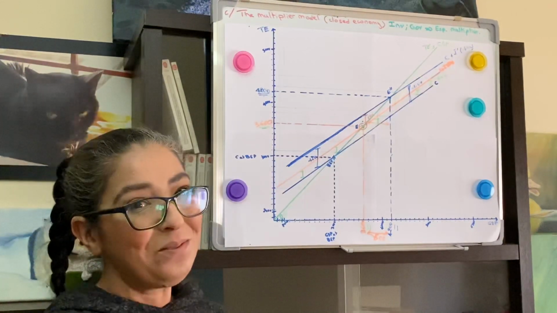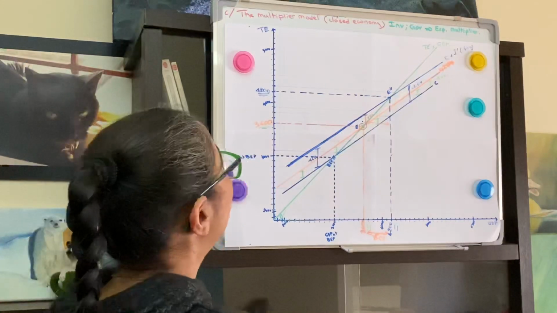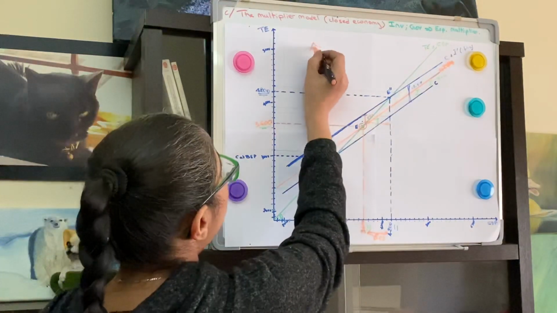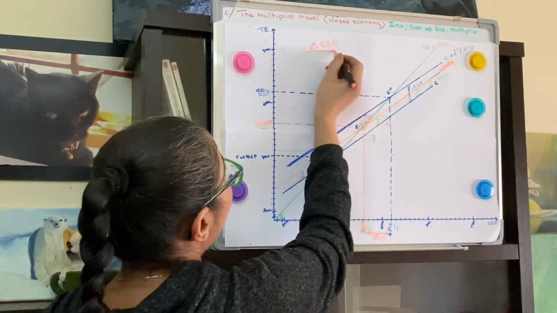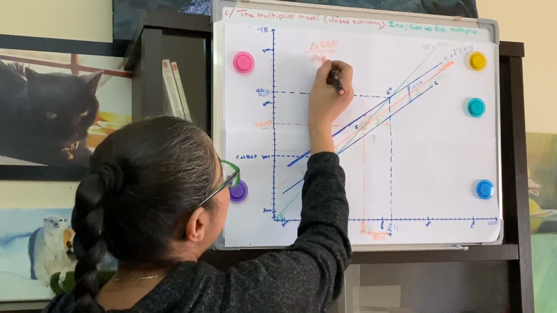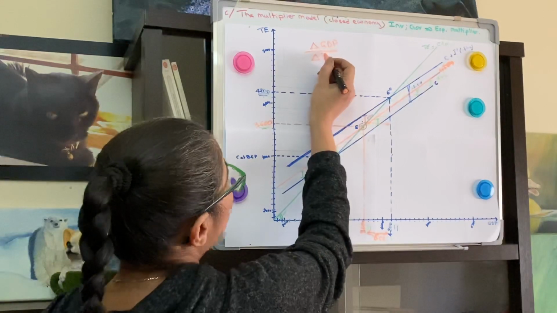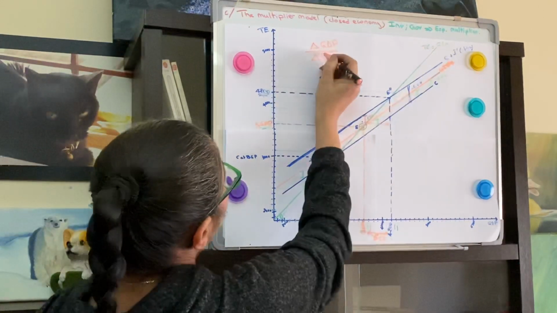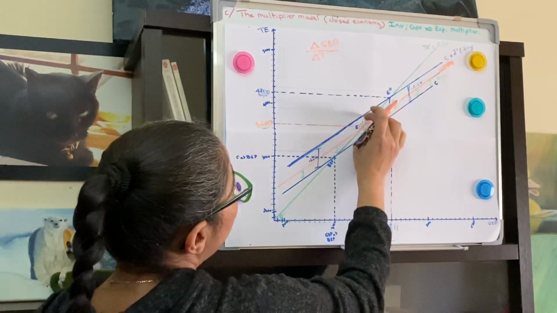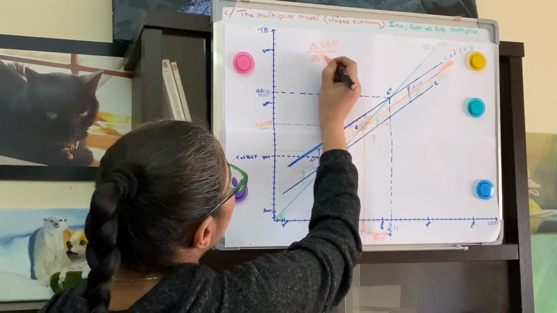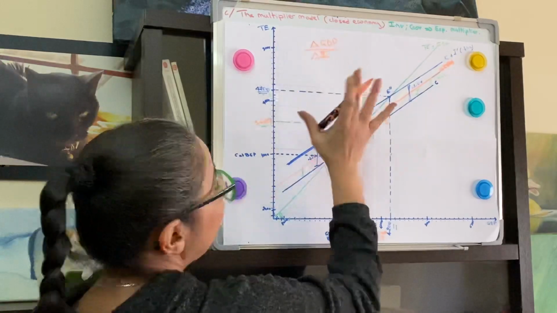So, delta GDP over delta total expenditures. No, I'm so sorry. Delta I, here it's only investment. I made a mistake.